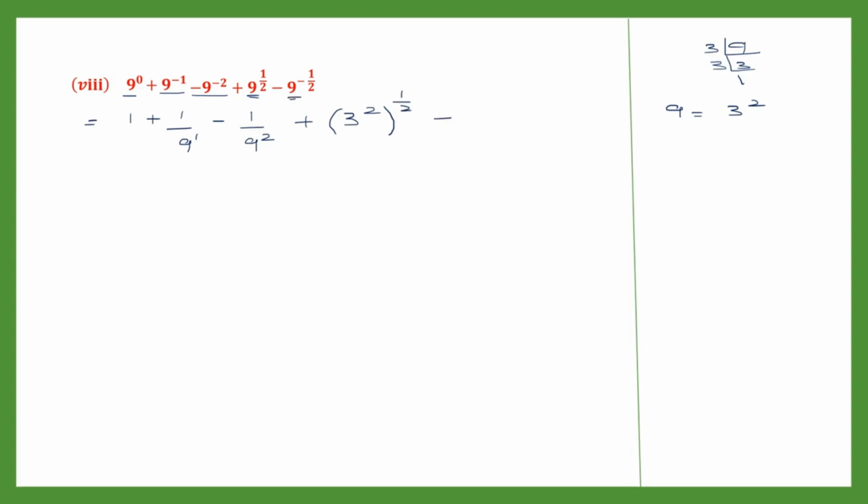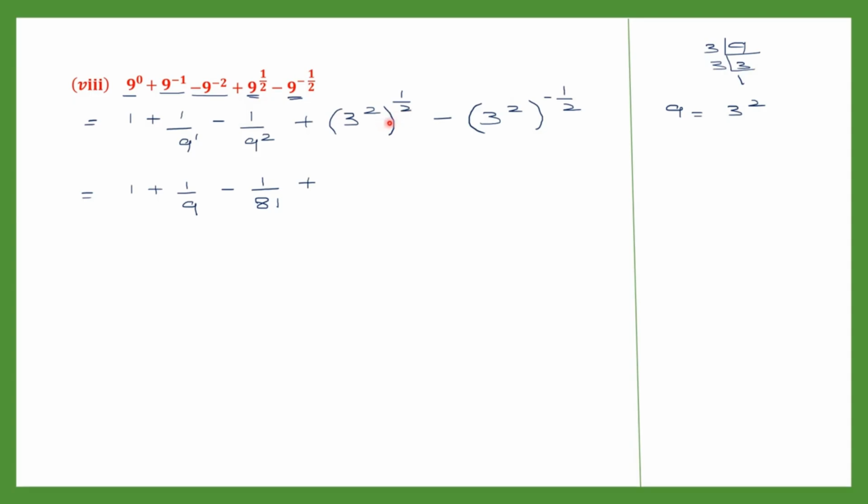Minus, again we have 9 and 9 is 3 to the power of 2. Now this is raised to the power of minus 1 by 2. Okay, so now let's write this. Now 1 plus 1 by 9 minus 1 by 9 to the power of 2 means 9 nines, 9 nines are 81, plus, now here as you can see 3 is raised to the power of 2 and this is raised again to the power of 1 by 2.